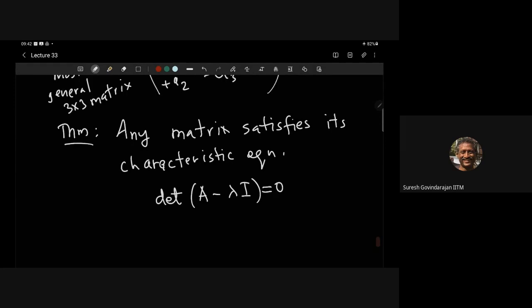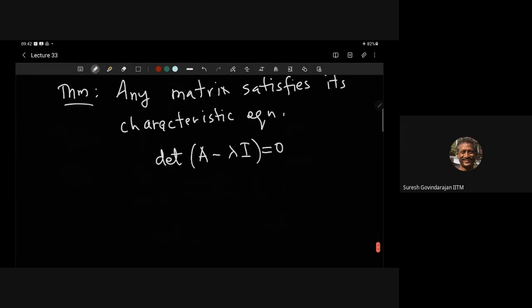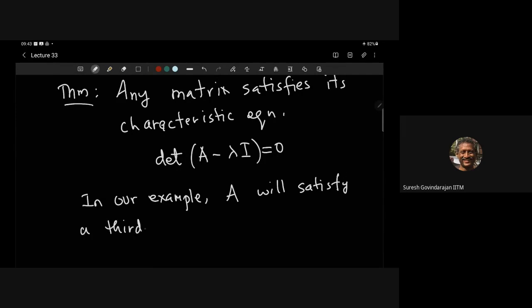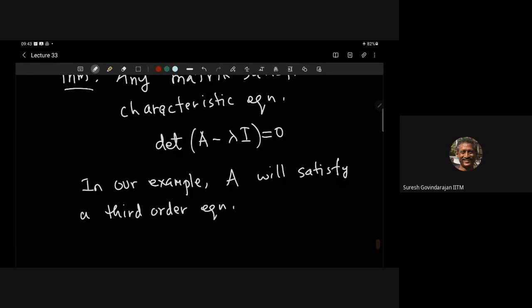So what we will see is that in our example, A will satisfy a... what is the degree of the equation? The third order equation. Okay, what does that say?